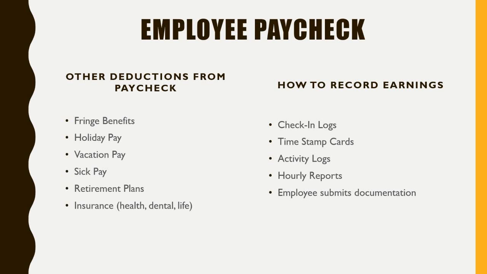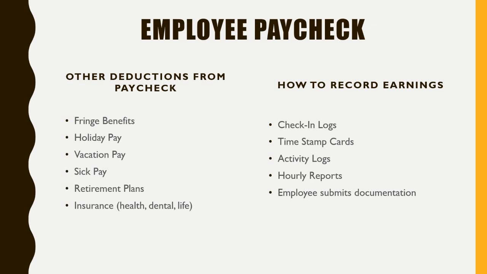Because they'll never pay 100%. They'll pay a portion of it, and they'll either match you or pay the majority of it. But you may have to pay a deductible, okay? And those are things that can come out of your paycheck, okay?